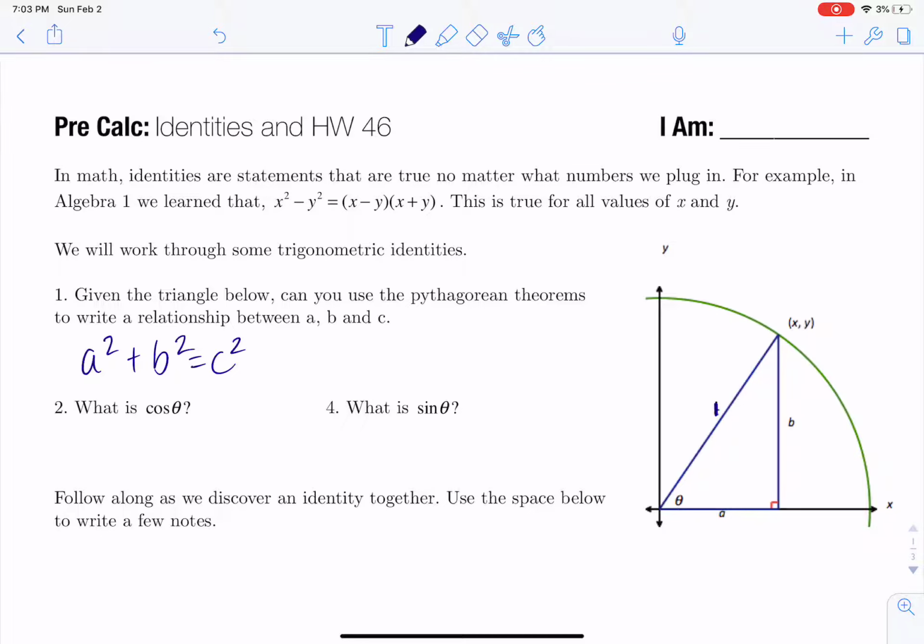Here I am talking about mainly my unit circle. So I know that my radius is 1. So I know that A squared plus B squared is actually equal to 1 squared, which is 1. So cosine of my theta here is actually equal to A, and sine of theta is equal to B. So cosine of this angle right here is A over 1, and sine would be B over 1.